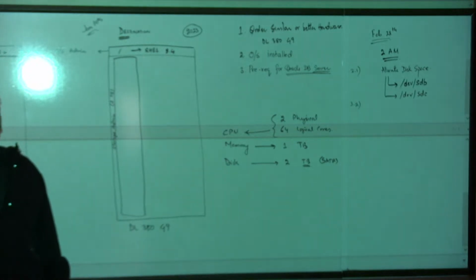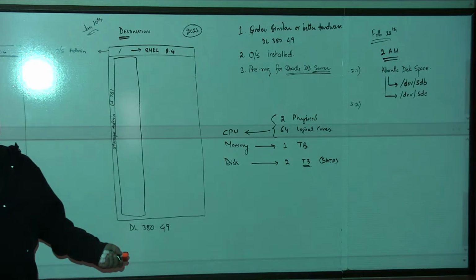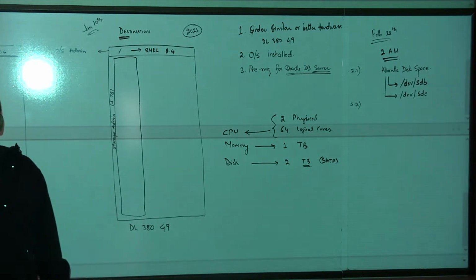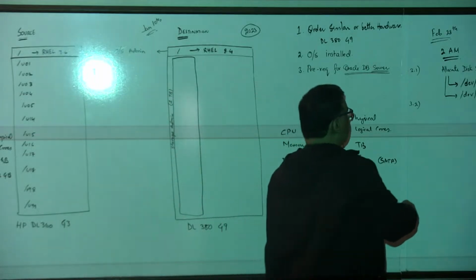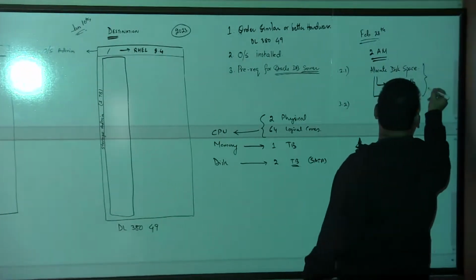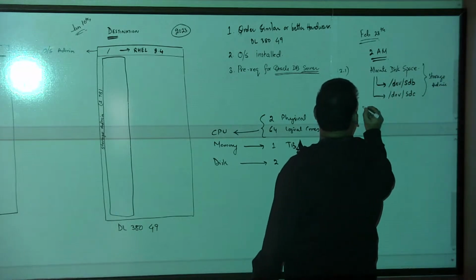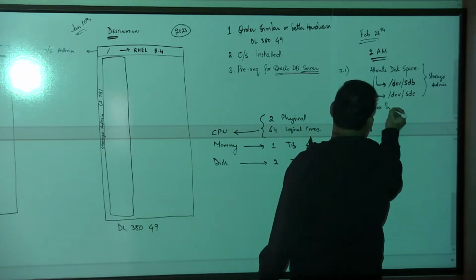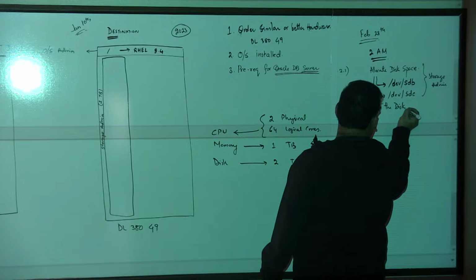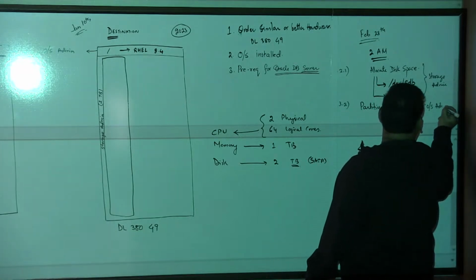Just the raw disk is assigned. Don't you need the partitions? Don't you need the mount point? So now we have to create the partitions. This is the storage admin, then we'll say partition the disks. Partition the disk, right? This is done by the OS admin.